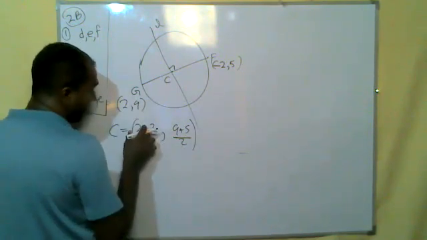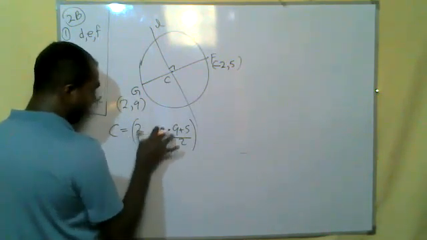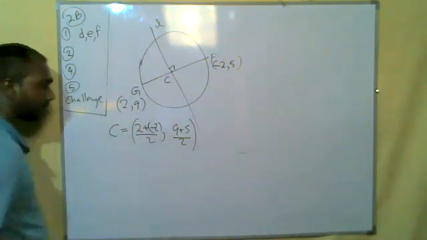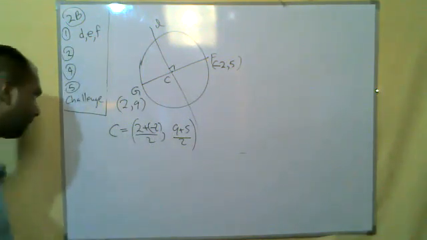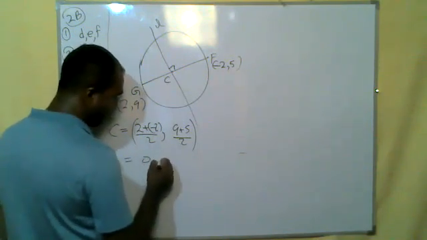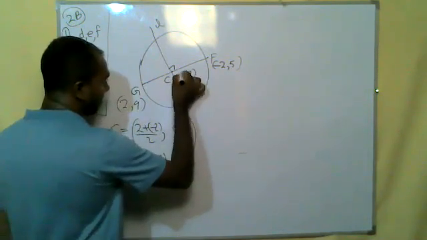Sometimes I don't write plus minus 2 because it's going to end up as minus 2. You have to identify those situations. Don't mix them up. It's going to be 0, and here 14 divided by 2, 7.